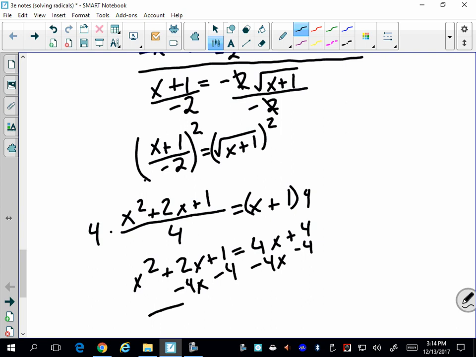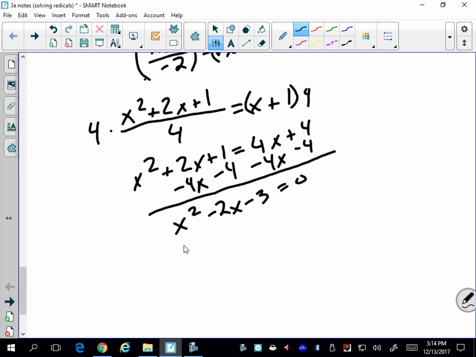So x squared minus 2x minus 3 equals 0. At this point, you can use the quadratic formula, or in this case we can factor again. So x minus 3, x plus 1 equals 0. And your solution is x equals 3, x equals negative 1.